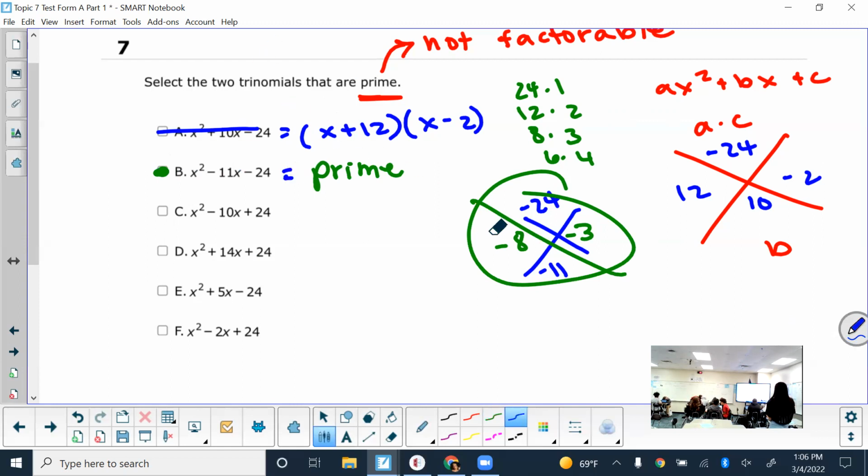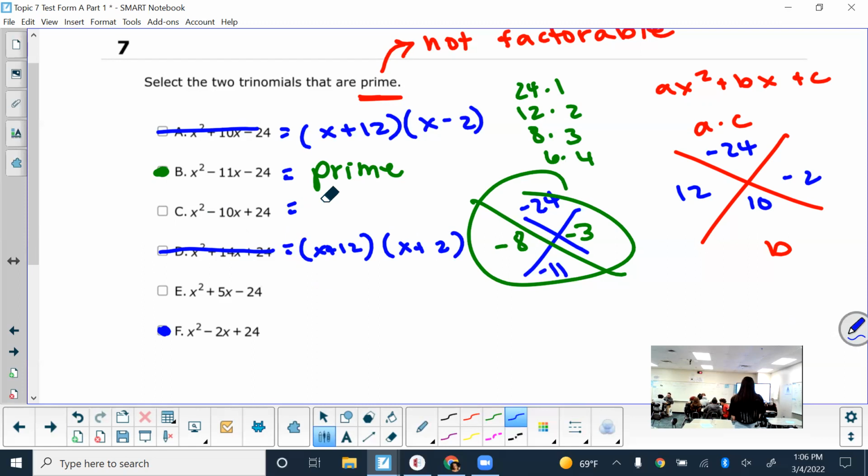What other one is prime? And you'll get this one right. No, I only got B correct. It is not B. F is correct. All right, because G could be x plus 12 and x plus 2 to give you 24 on the top, 14 on the bottom.